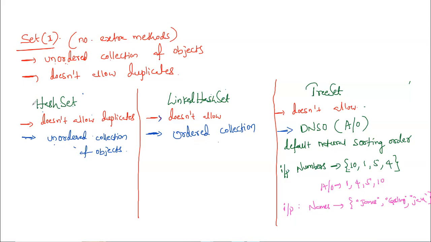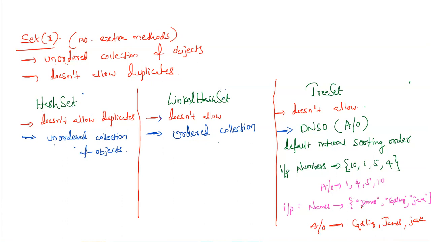Then what is the meaning of default natural sorting order for this? Ascending order. So what is the ascending order for this? First one Gosling, second followed by James, third one Java. Why? Because default natural sorting order for any characters or names is nothing but alphabetical order of the ASCII values.